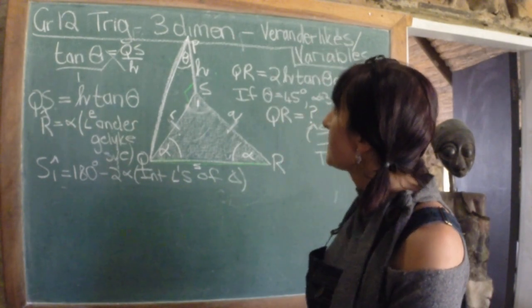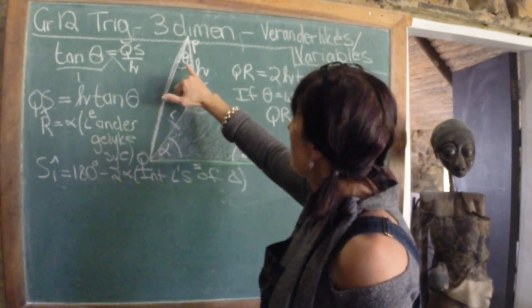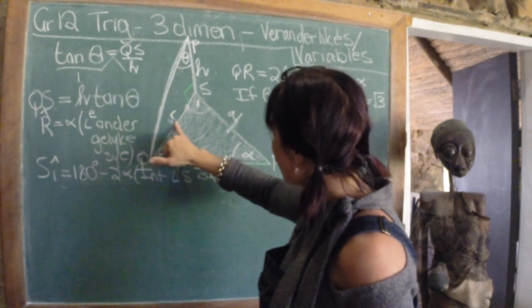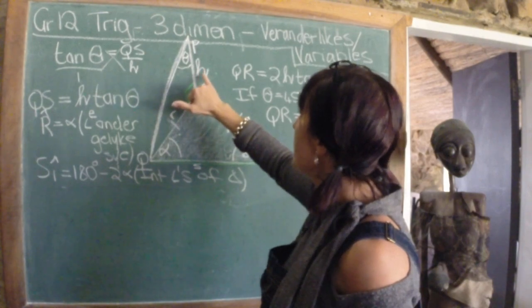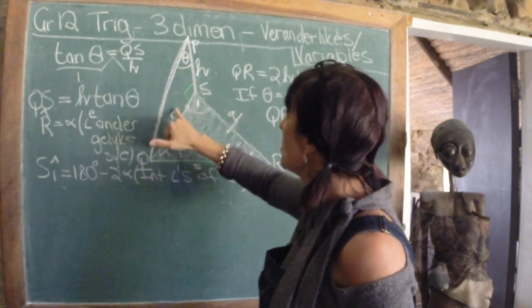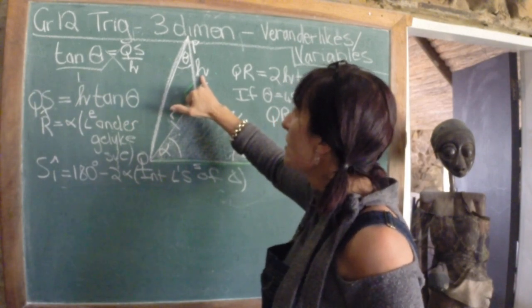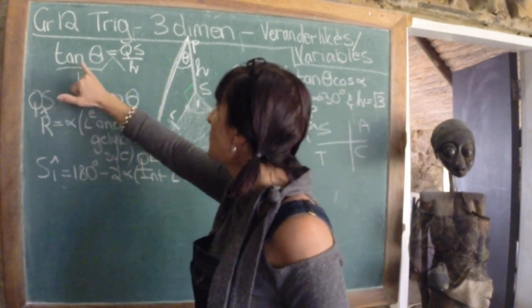So as ons gaan sê, I need the opposite side, I've got the adjacent side. Ek het die oorstaande sy nodig, ek het die aangrensende sy, dan weet ons werk met die tan van theta.